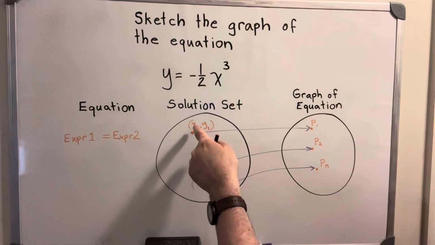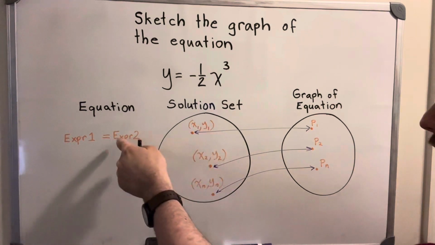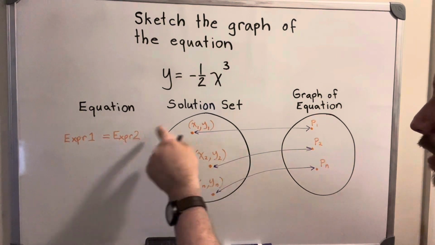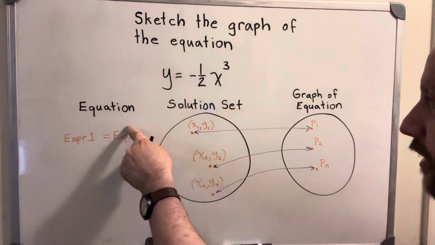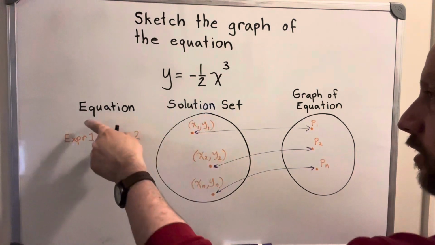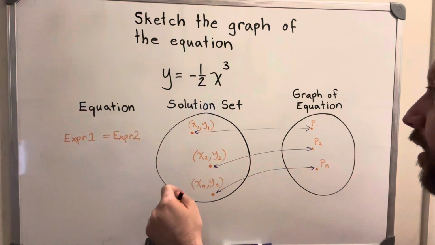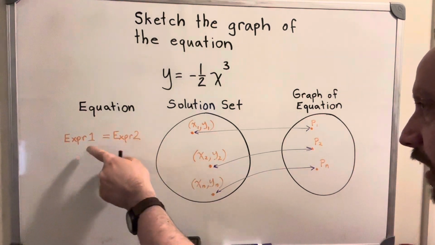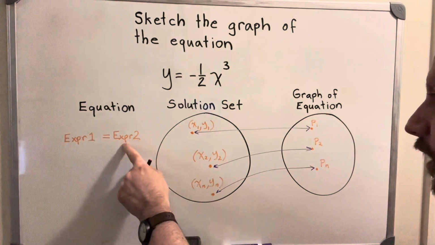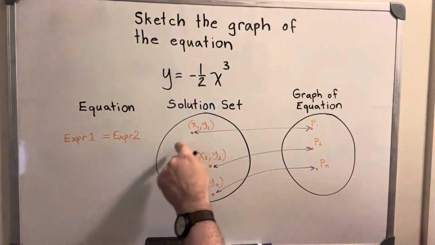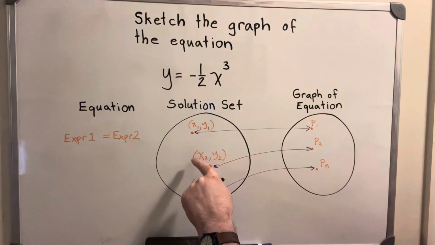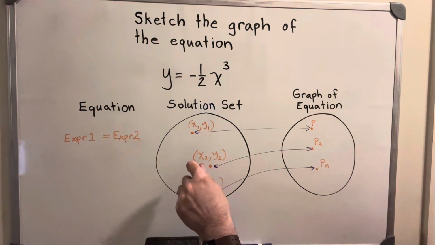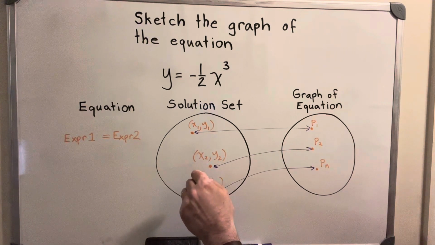So there may be one x1, y1, which when substituted for all the x's and all the y's wherever they show up, makes it true that the expression on the left equals the expression on the right. There may be multiple, there may be only one, there may be no sets of ordered pairs that satisfy.